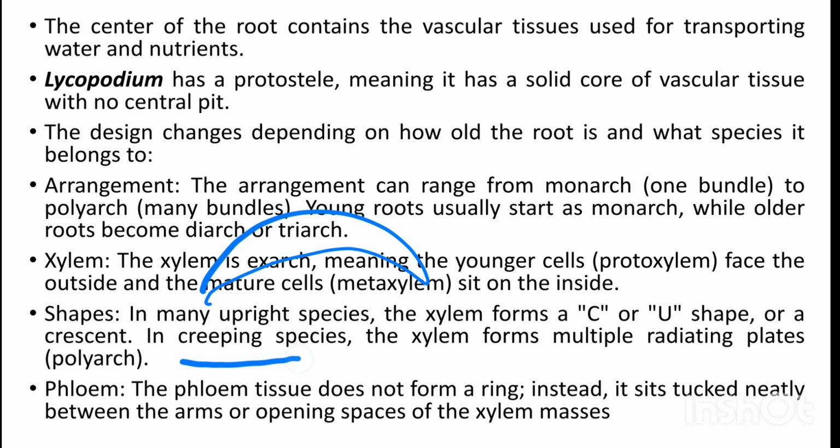In creeping species, the xylem forms multiple radiating plates called polyarch. The phloem tissue does not form a ring. It sits tucked neatly between the arms or opening spaces of the xylem masses. So in between xylem, phloem is placed.